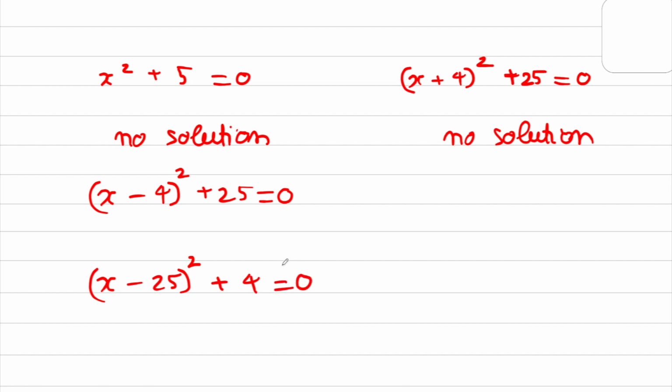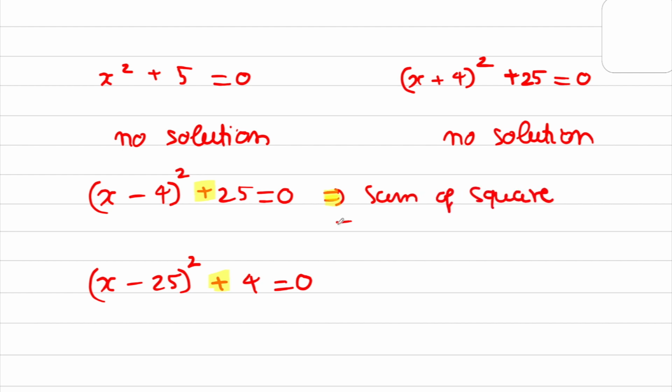Which one will have a solution? Because the relationship between the perfect square and the number is plus here, this is not the difference of squares. This is the sum of squares.